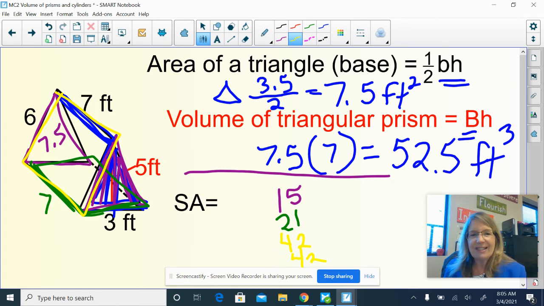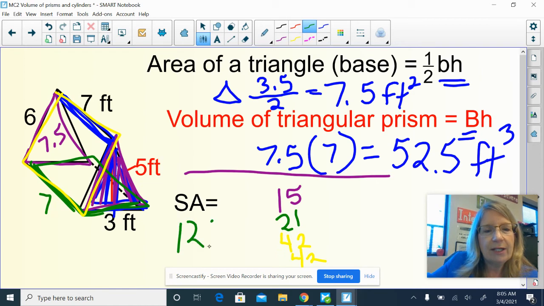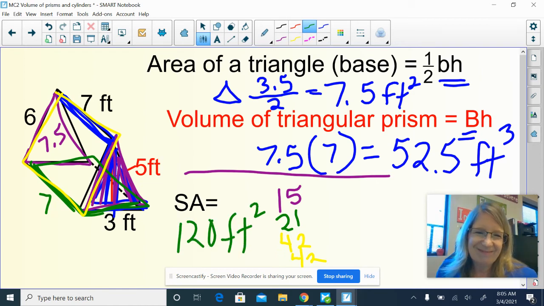Now let's add those together. 15 for the 2 triangles, plus 21, plus 42, plus 42. Oh, the surface area is 120 feet squared.